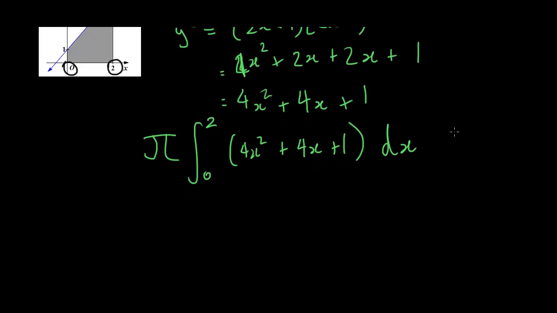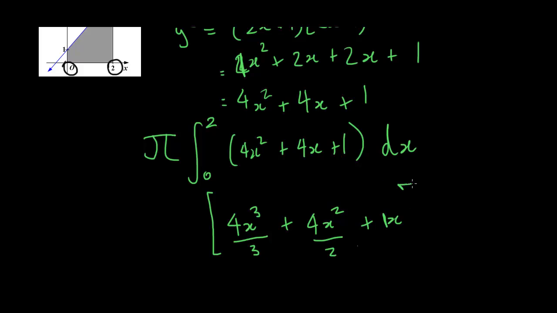Cool. Now, let's go further. What we need to do now is integrate this. Integration should have already been learnt beforehand. If not, then I recommend you learn how integration works and what it's about, and then come back to this video. Okay. So now when I'm integrating this, I'm going to lay out my square brackets, and I'm going to increase this power, so I'm going to get 4x cubed, put it over the increased power, and I'll do the same for the next few. 4x squared over 2, and that 1 just turns simply into an x, or you can even say 1x.